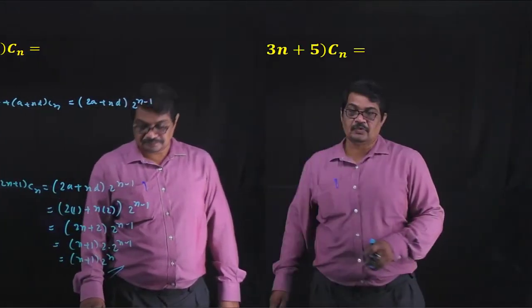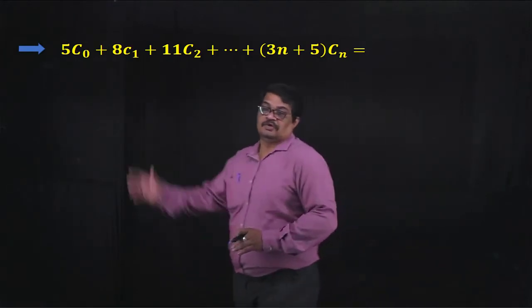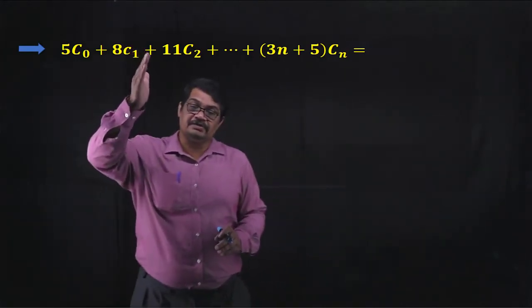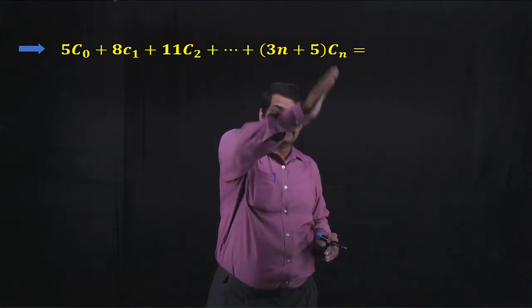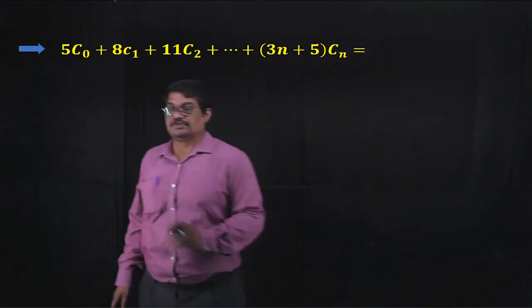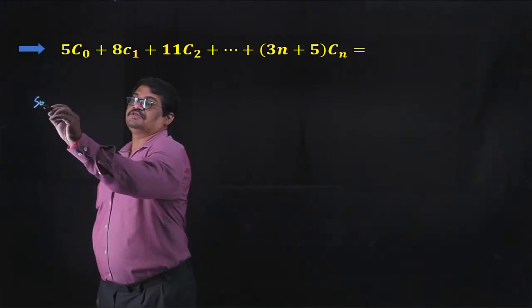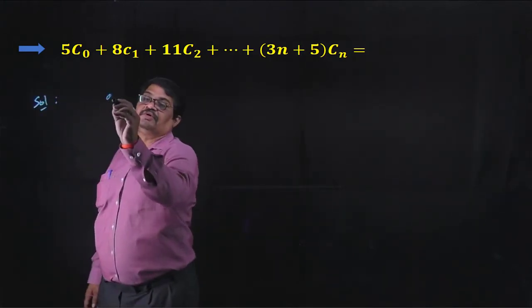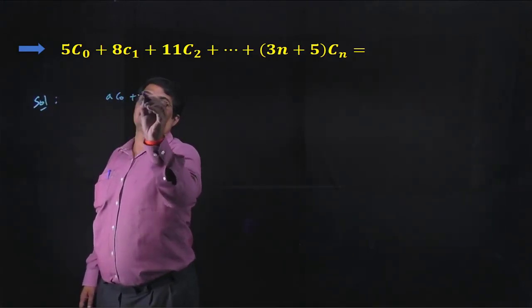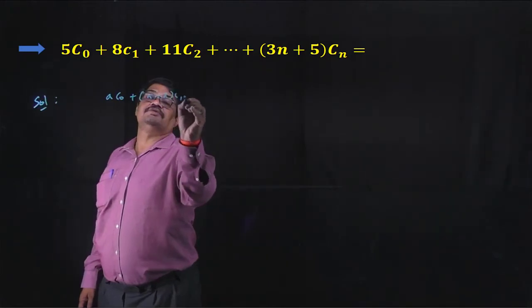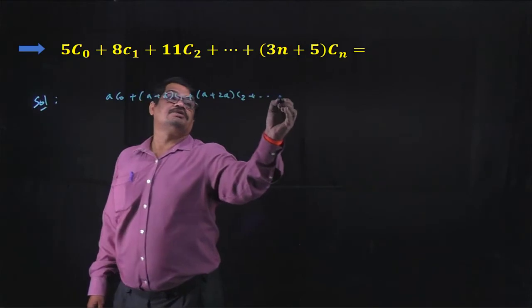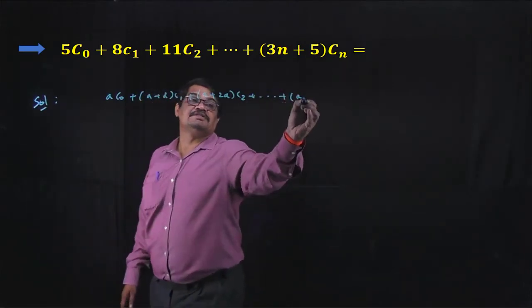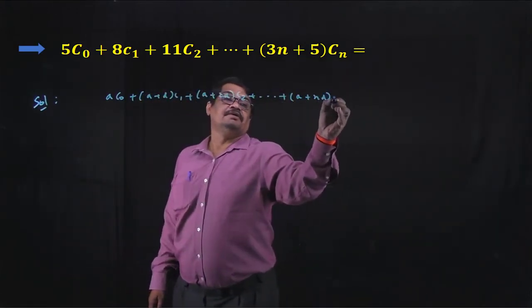See the problem. 5 into C0 plus 8 into C1 plus 11 into C2 and so on, (3n plus 5) Cn is equal to? So this is the problem. This is also in the form a C0 plus (a plus d) C1, (a plus 2d) C2 and so on, (a plus nd) into Cn.